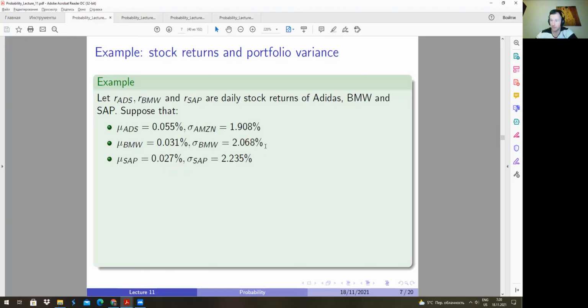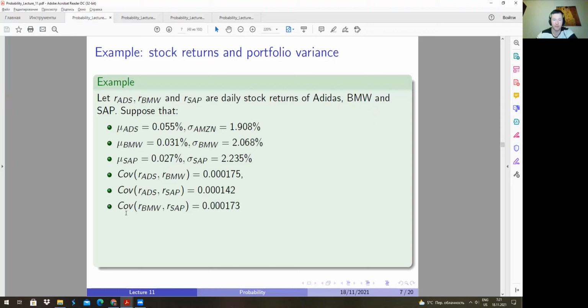We have these parameters for them, and then we need to calculate the covariances between these returns. The covariance of the returns of Adidas and BMW is given by this number, the covariance between Adidas and SAP is given by this number, and the covariance of BMW and SAP, so the pairwise covariances, is given by this.